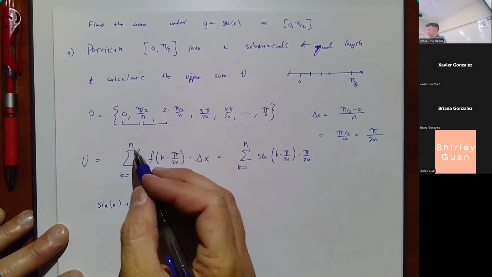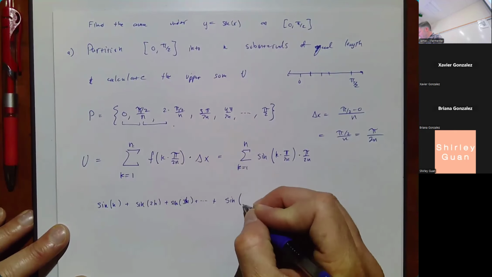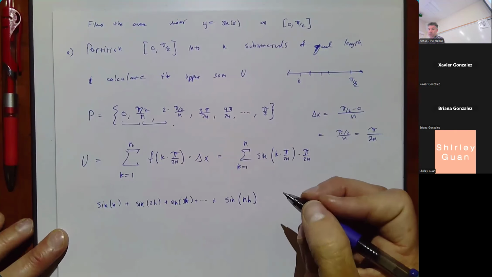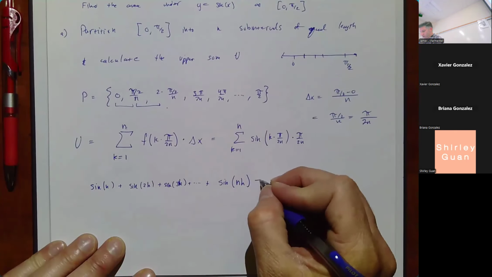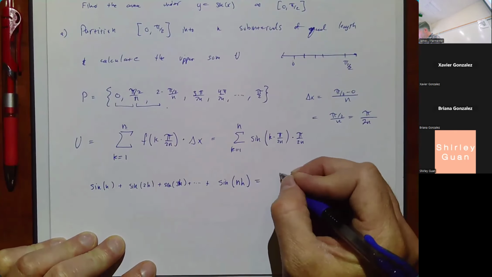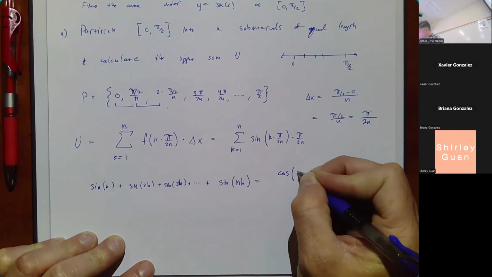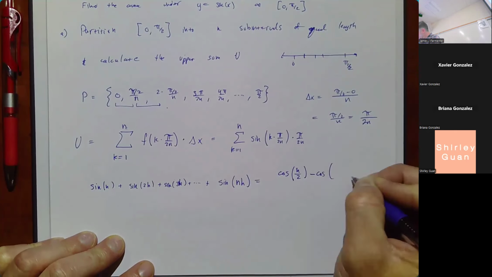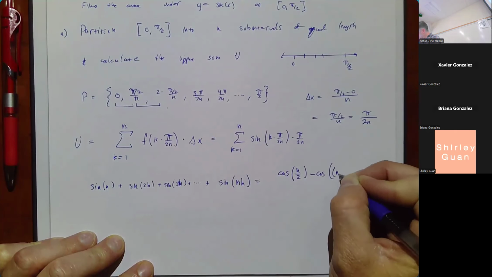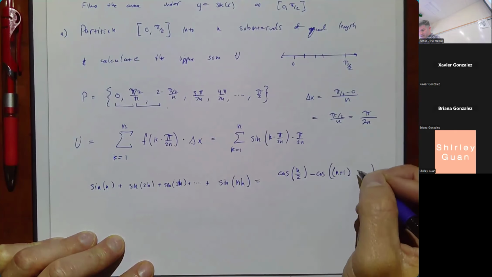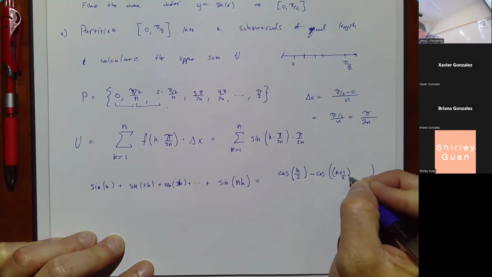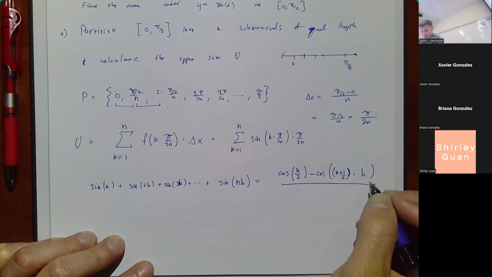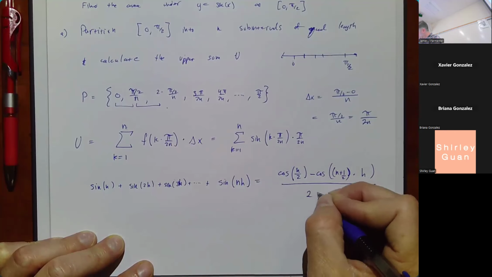We have a sine of nh is what we should write to make our lives less terrible. And that's going to equal, here's the formula, cosine of h over 2 minus cosine of (n plus 1/2) times h, all over 2 times sine of h over 2.